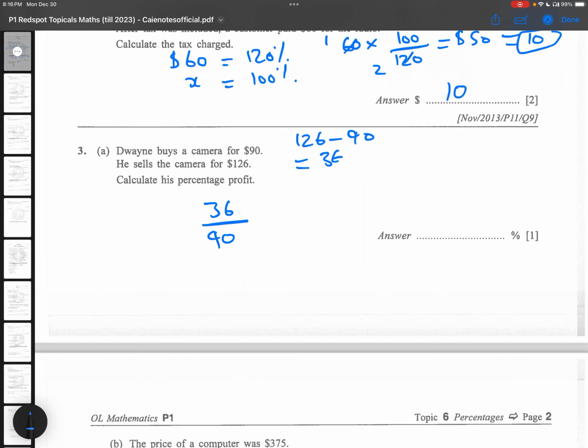So 36 upon 90 and I will multiply it with 100 to get the percentage. So now 0 gets cancelled with 0 and 9 into 1 is 9, 9 into 4 is 36, 4 into 10 is 40. So it means he gets a profit of 40%.